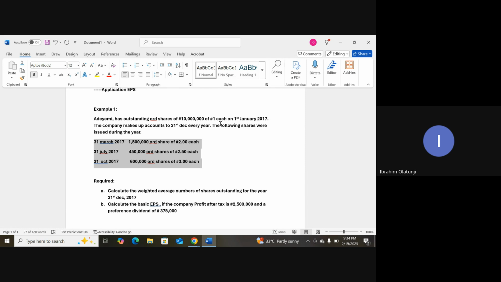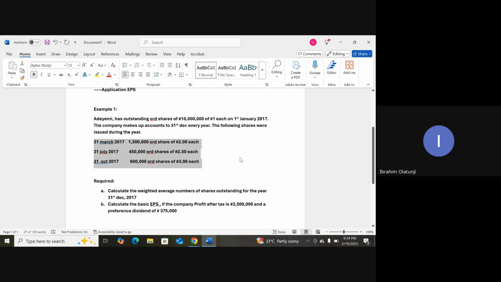By the time you do this, you've already gotten your weighted average number of shares. We have two approaches, and the one I believe is simplest, I will use that one. Do you get my point?